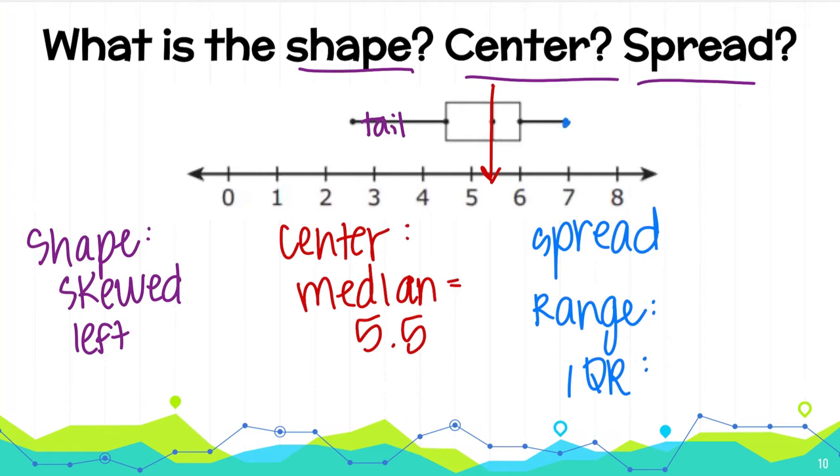For my range, my maximum was at a 7 and my minimum was at a 2.5. So my spread is actually 4.5 for range. And then my interquartile range, which is the range of my box, or the distance between my third quartile and my first quartile, is the difference between 6 and 4.5, which is 1.5.